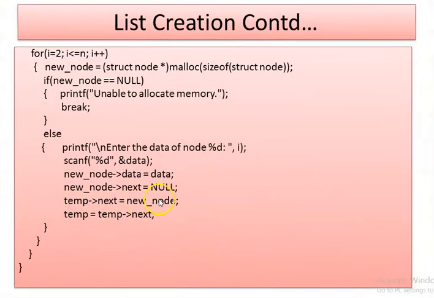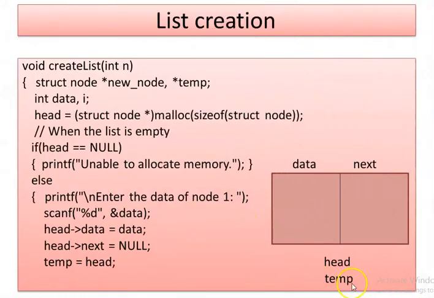So this is done. Then we are changing temp to temp arrow next. Again we are going back. What is temp? Temp is the address of this node. Okay. What is the address of this node? It is the value of head. Suppose that this is 2000.